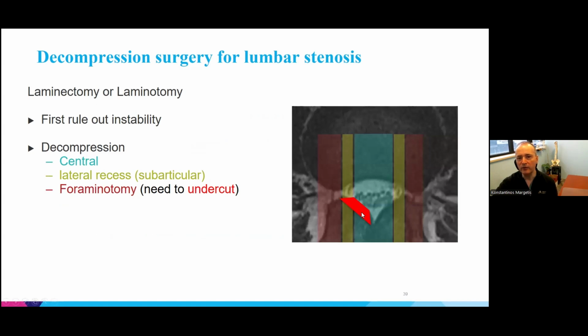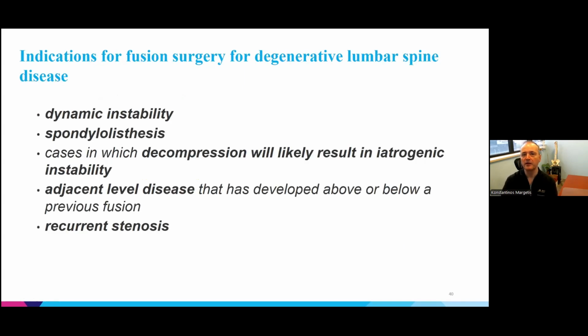But it is important when we decide to do a decompression surgery to rule out that there's any instability, because if there is already a degree of instability and we go in and remove more bone, we remove ligaments of the spine, then we might make the instability much worse. So it is important for us surgeons to rule out the presence of instability before we offer a decompression surgery.